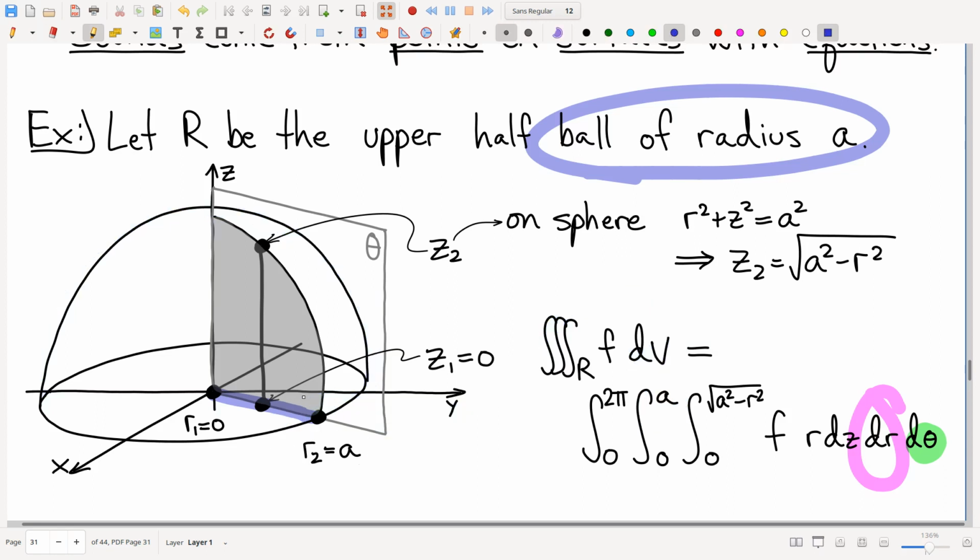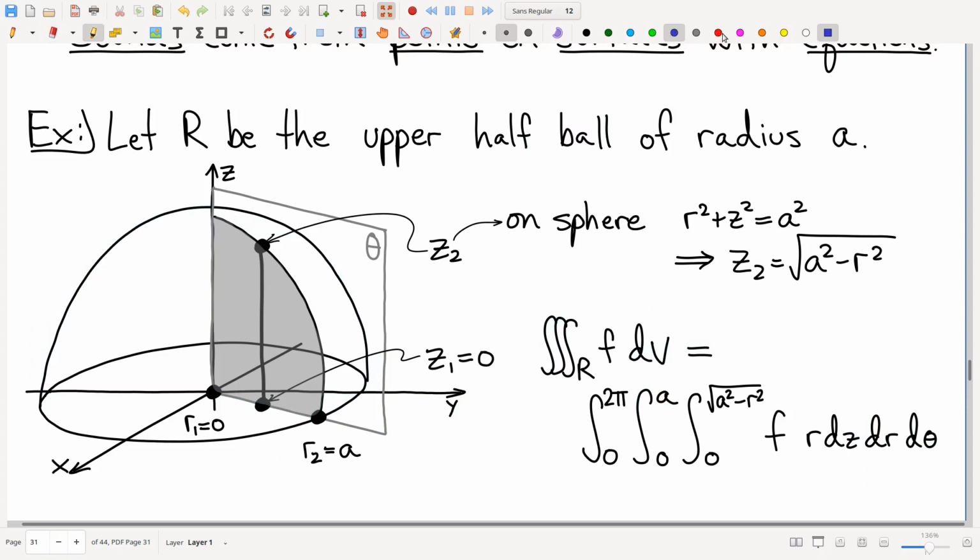So, as per usual, we looked at our theta bounds. We fixed a value of theta. Now we're going to, we've already, for that theta slice, looked at our r bounds. Now we are going to also fix a value of r. We are now then focusing on this cross-section of our cross-section, our slice of our slice.